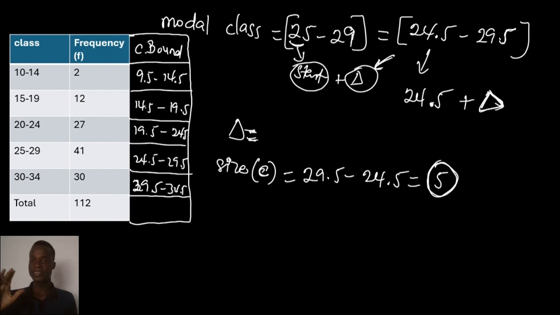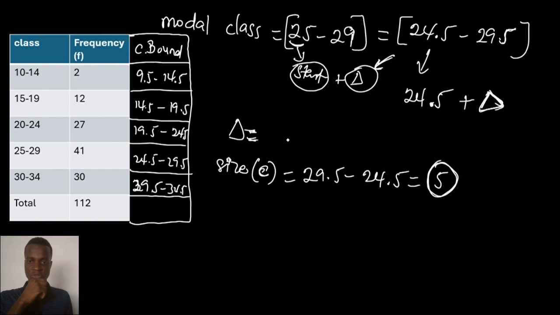Fine. So now I said that we need to fetch a proportion of the class size to add to our lower class value. So we know the class size, and we need a proportion. A proportion means a fraction, a percentage of that.